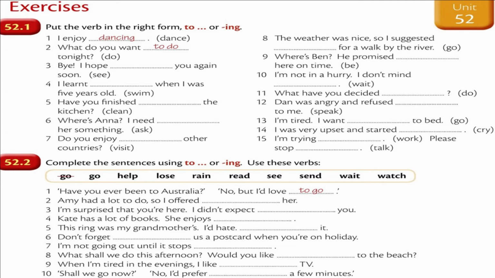Number 8. What shall we do this afternoon? Would you like to go to the beach? Number 9. When I am tired in the evenings, I like to watch TV. Or we can say, I like watching TV. Number 10. Shall we go now? No, I would prefer to wait a few minutes.